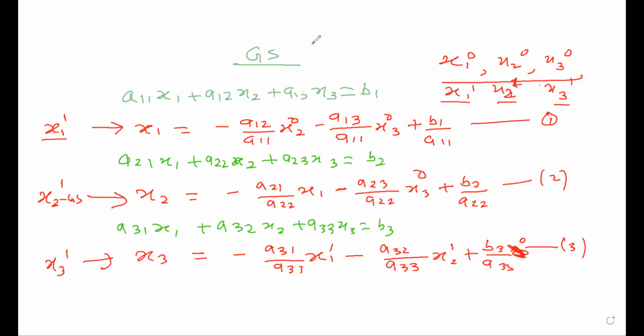Now your next cycle, next values are available with you. So you do not need these values there. Then you can use these values. So in this way, you can proceed with your ith iteration.